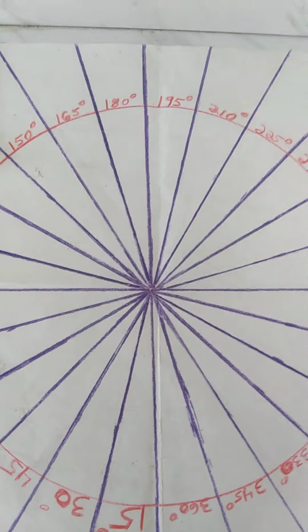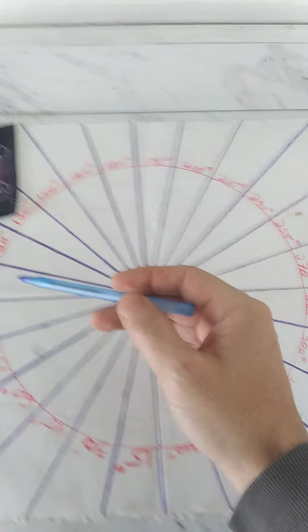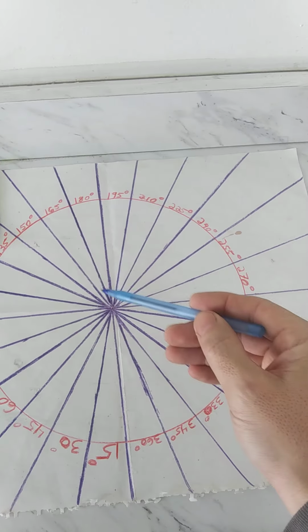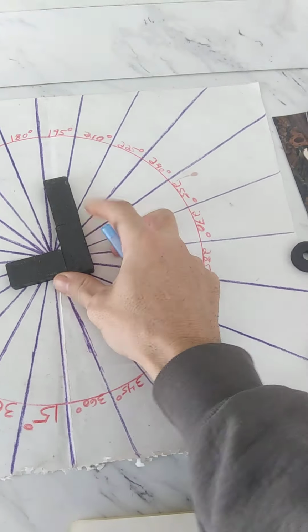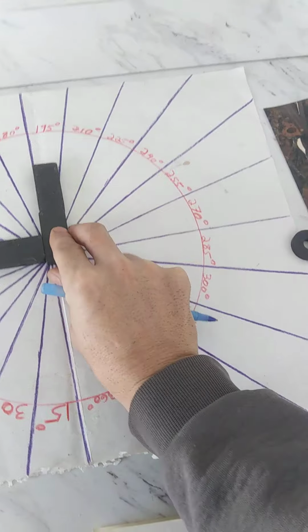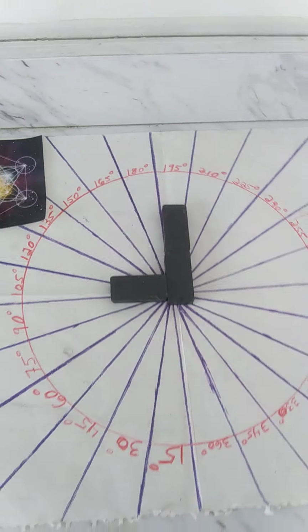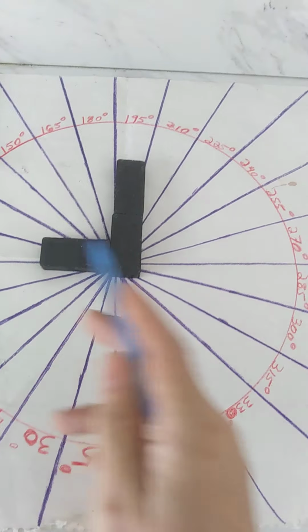Here's your 105, here's your 195. What they're doing is setting up this condition of a right angle at these numbers.